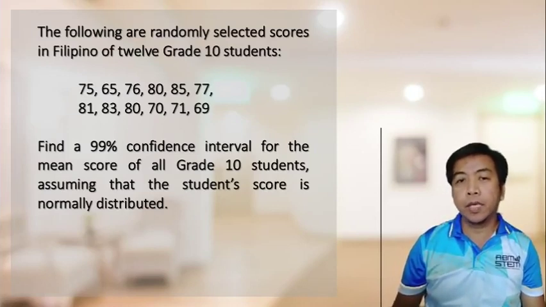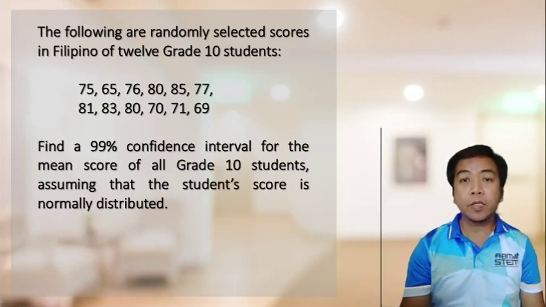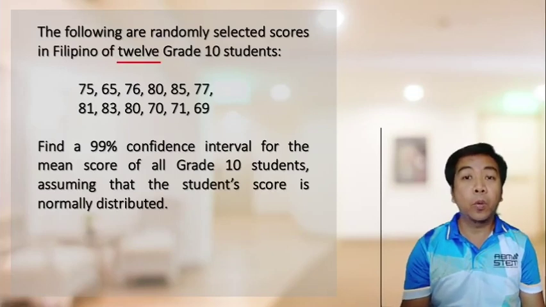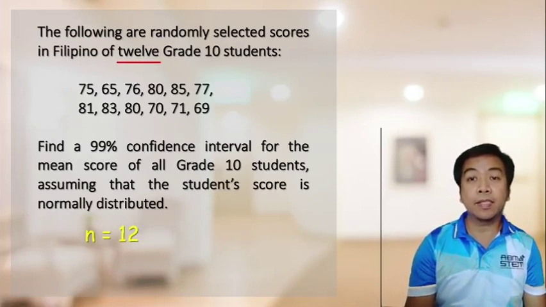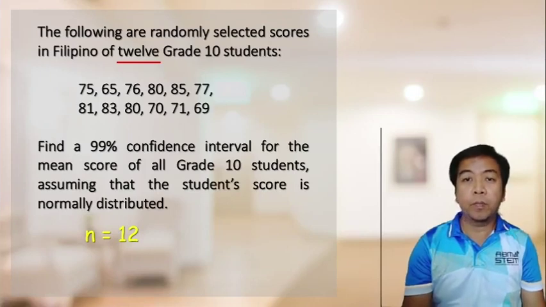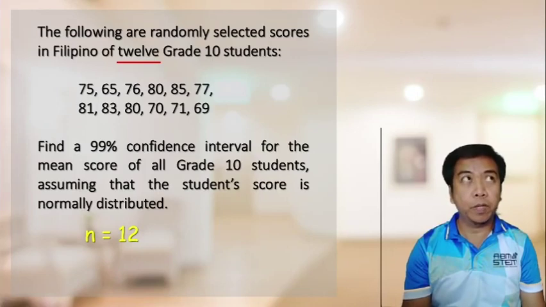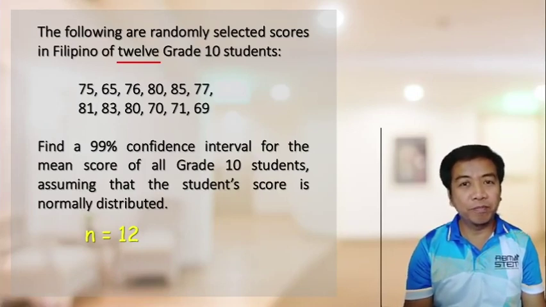Question: can we use the t distribution here? The sample size is equal to 12. That's less than 30. Check. Now, is there an indicated value for the population standard deviation?